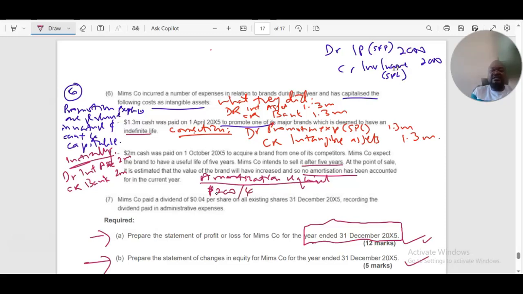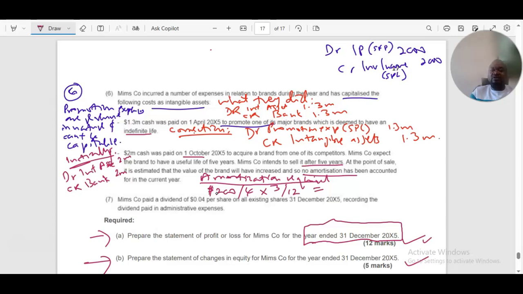Okay, but we paid this on 1 October 2025, and our year end is 31st December. So how many months are we dealing with here? October, November, December. That's 3 months. So it's 3 over 12, that's 3 months, isn't it? So it's for 3 months only in a year. Remember, the amortization charge is for the whole year, but we only want 3 months.